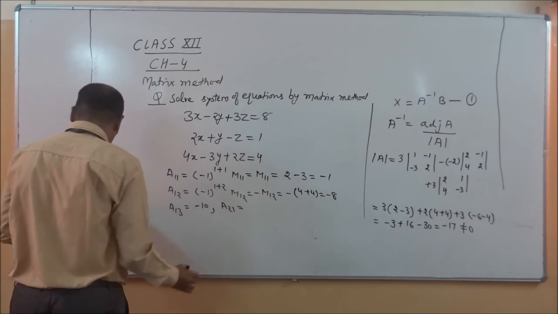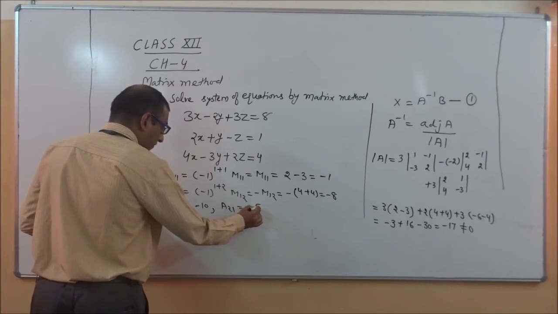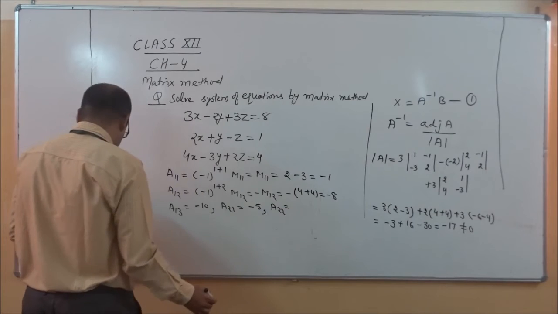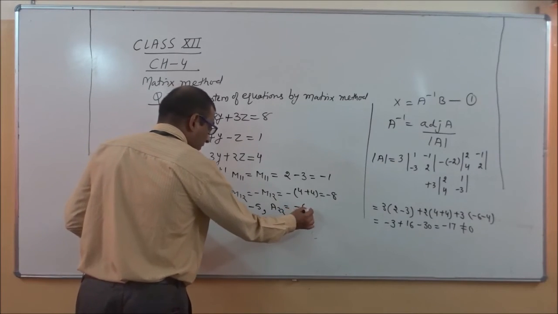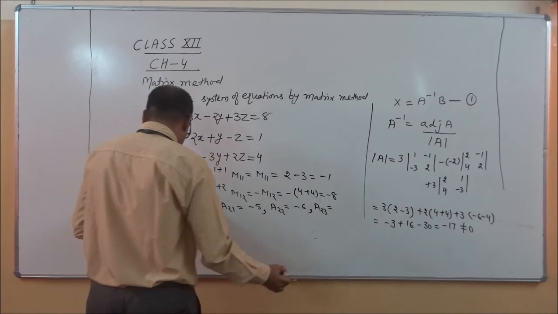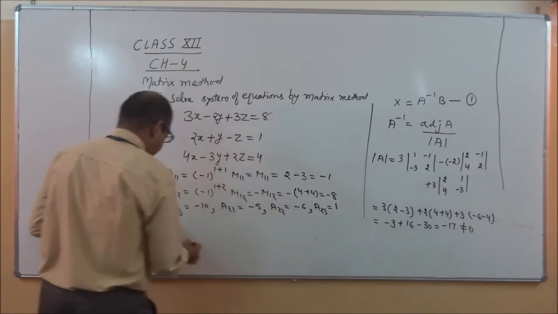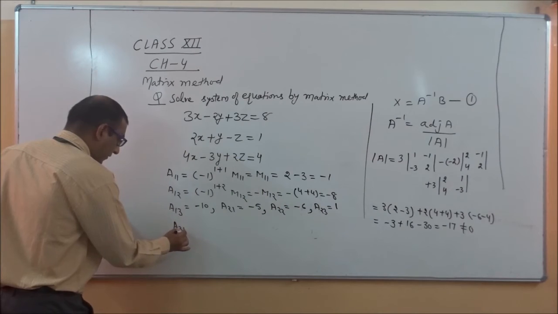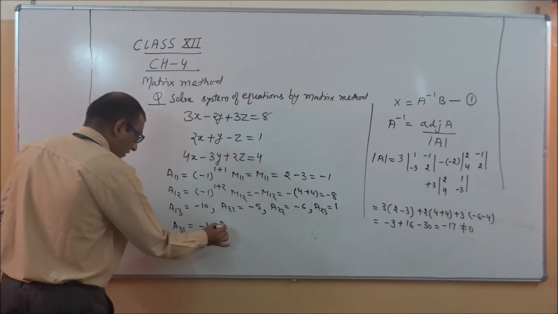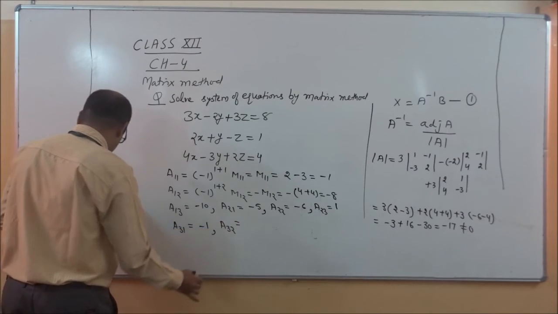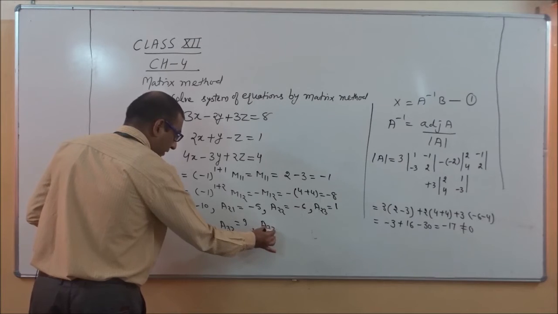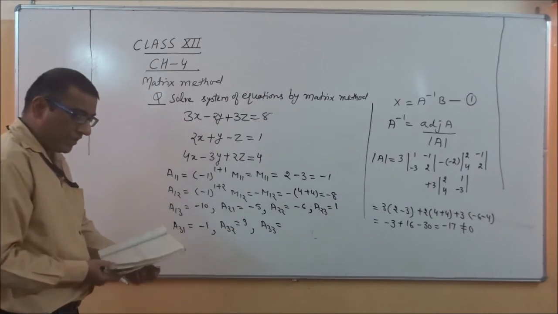A21 is minus 5, A22 is minus 6, A23 is equivalent to positive 1, then A31 is equivalent to minus 1, A32 is equivalent to 9, and A33, again I am telling how we can calculate A33.